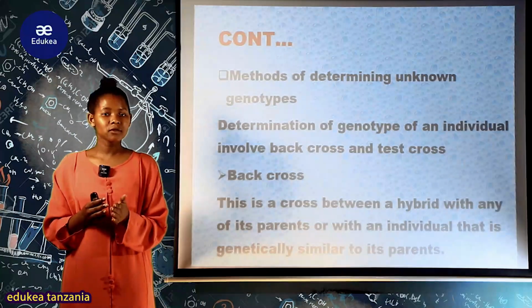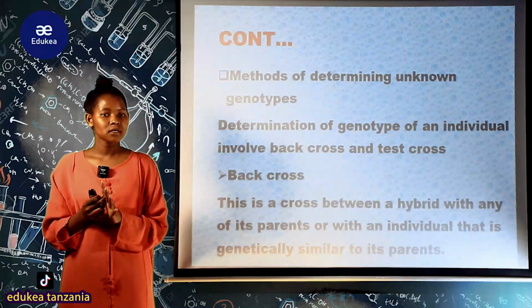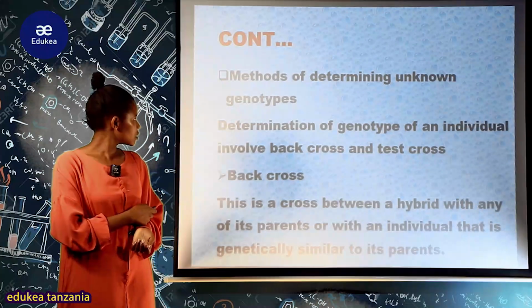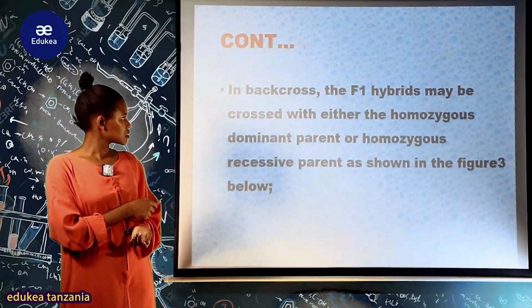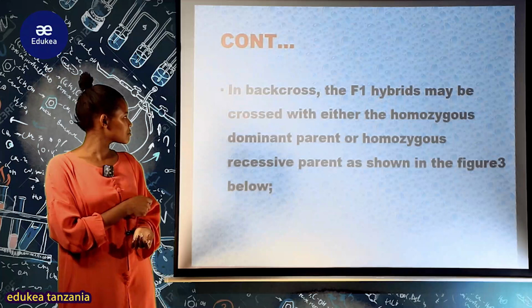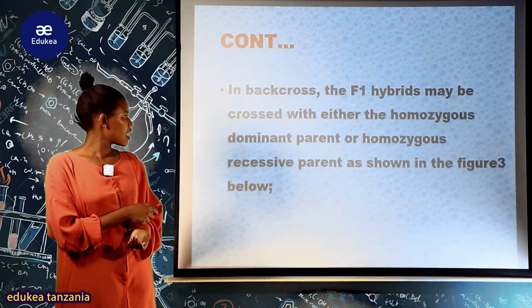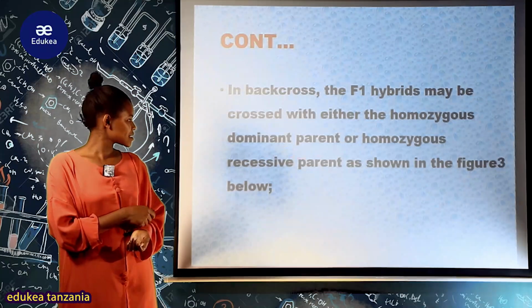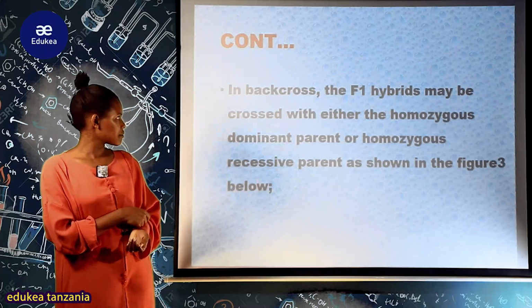And this is a method of determining unknown genotype. Also, in back cross, you can see the F1 hybrids may be crossed with either the homozygous dominant parent or the homozygous recessive parent as shown in the figure below.